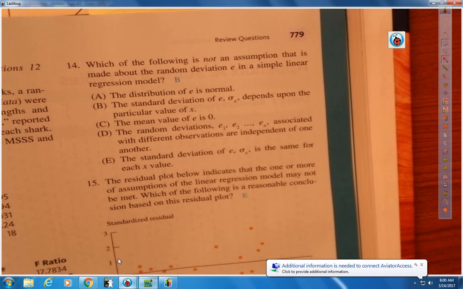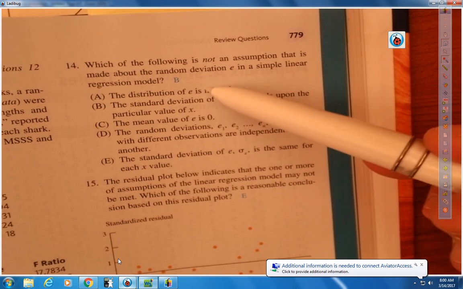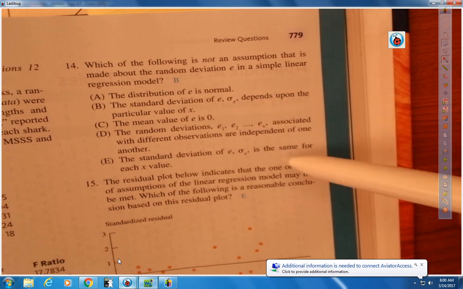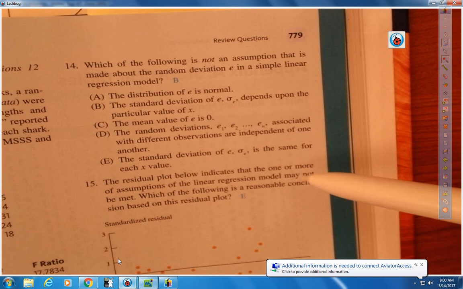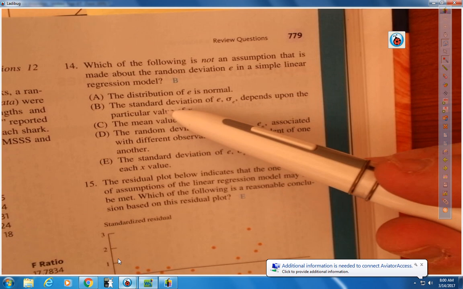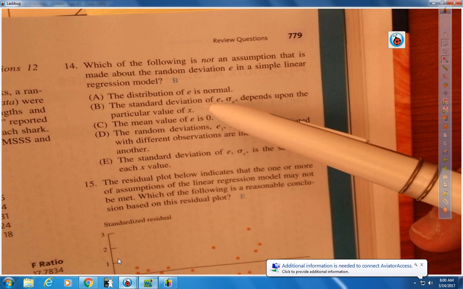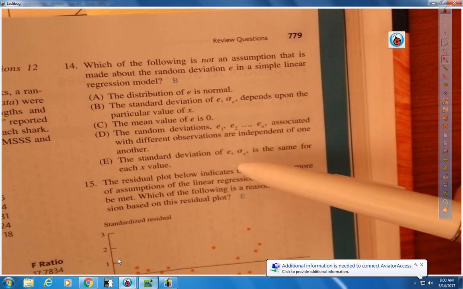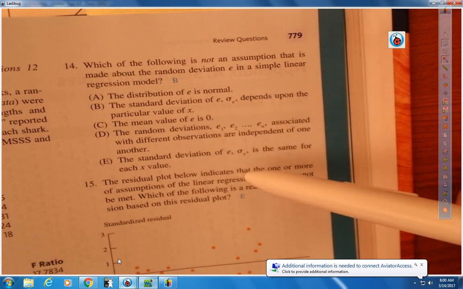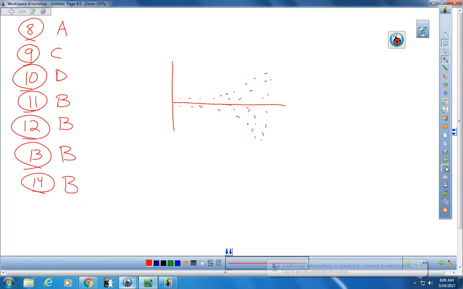I think that word approximately should be in here, and I think that this should say approximately normal, just because it's saying normal. And this one is definitely not a condition, right? The standard deviation of E depends upon a particular value of X. So while I think A and E both should have approximately in them, they're not incorrect, I don't think. All right, so number 14 was B.